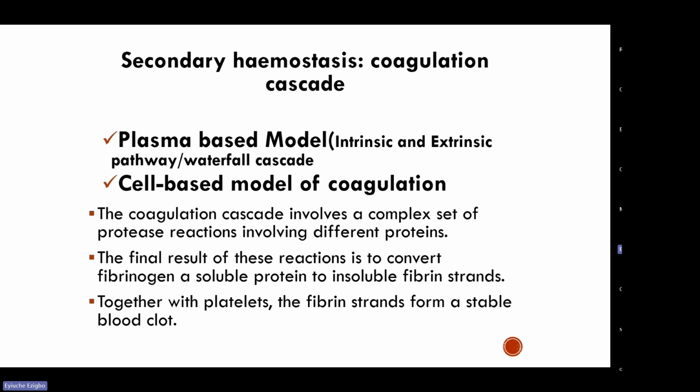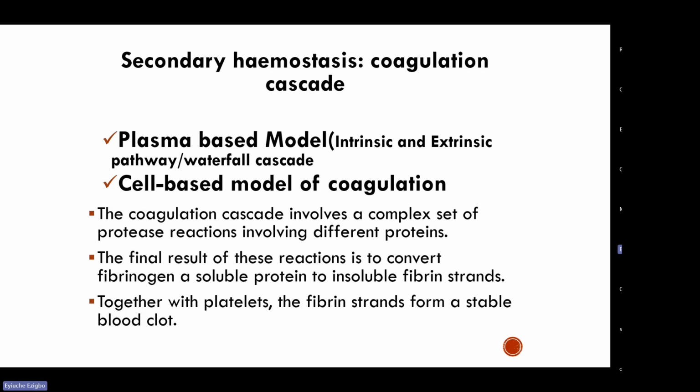is the intrinsic and the extrinsic pathway, both of which activate factor 10, the common pathway, led to thrombin generation. This is the plasma-based coagulation system, in the sense that it is a pathway represented as a cascade, in the sense that when one enzyme is activated, it in turn activates the other.